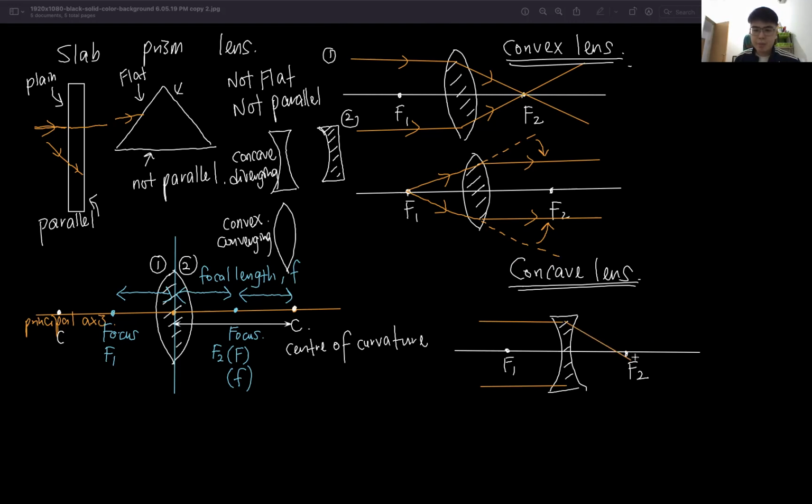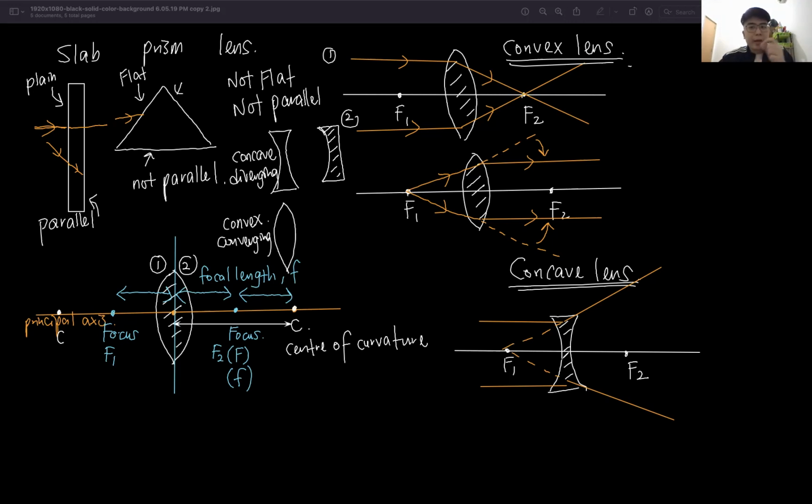So instead of crossing the point, it goes diverging like that. These two rays that diverge appear to come from focal point number 1. That means I can extend this and the light appears to diverge from focal point number 1.